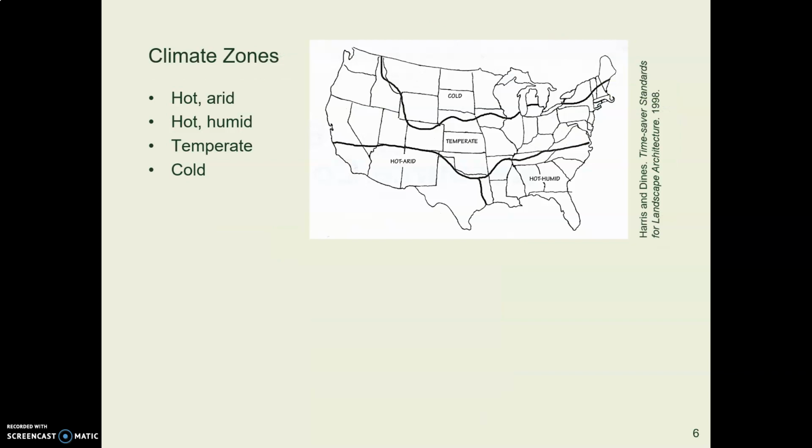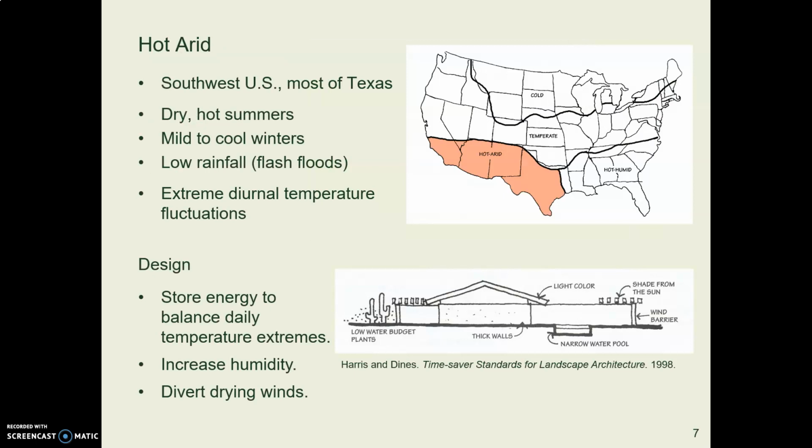Let's look at these 4 zones in the U.S. First of all, down in the Southwest, it's hot and dry. Think desert, think Arizona. So it's hot and dry, and the temperatures fluctuate quite a bit between day and night.